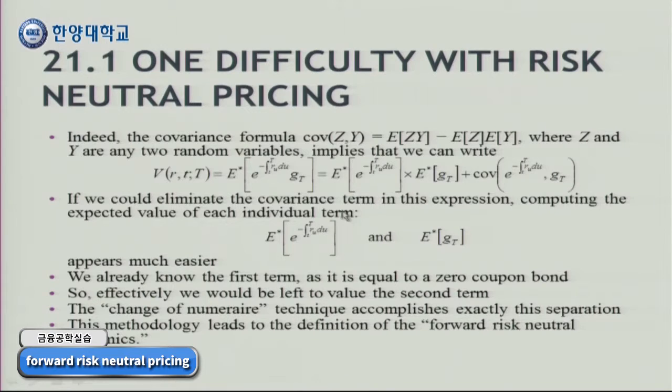So we already know this one. So if we can separate this one into like this one, and if there is no this one, we can calculate only this one. That would be much more convenient. So effectively, we would be left to value only the second one, if we can get rid of this one, because we know this one is the zero coupon bond price. How can we do that?